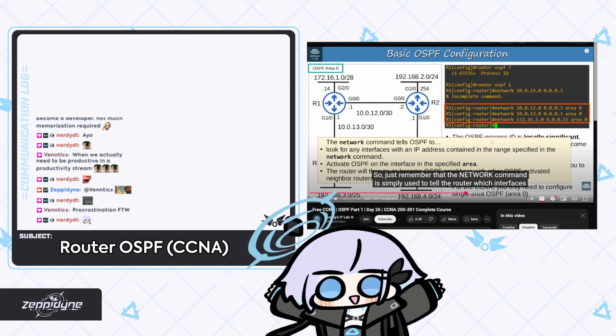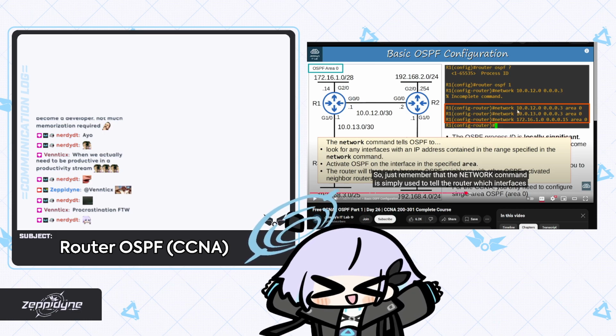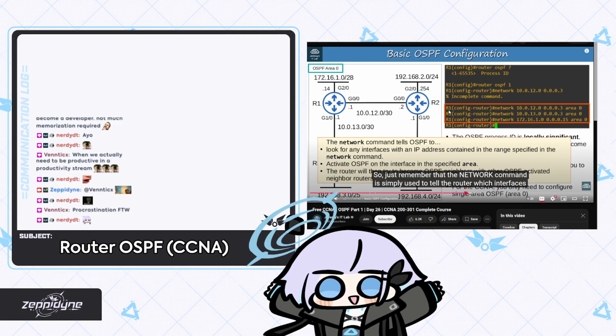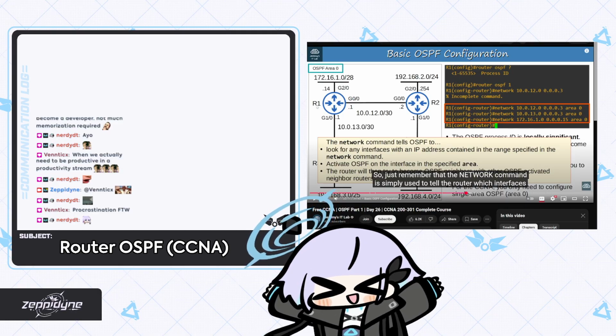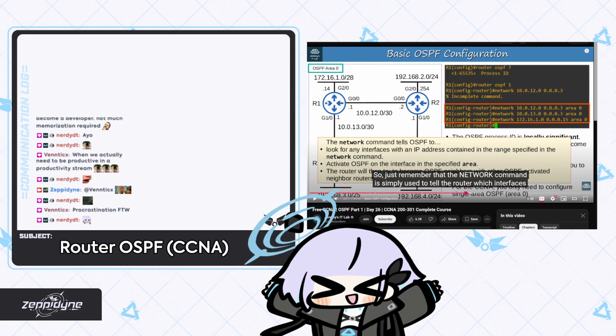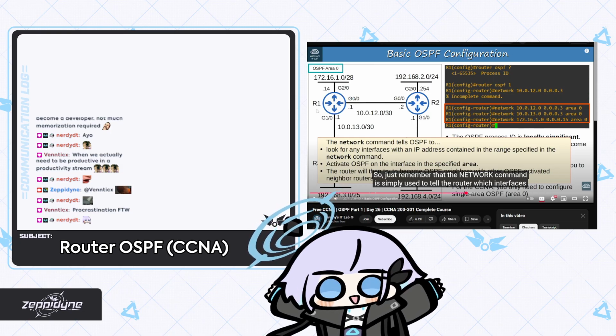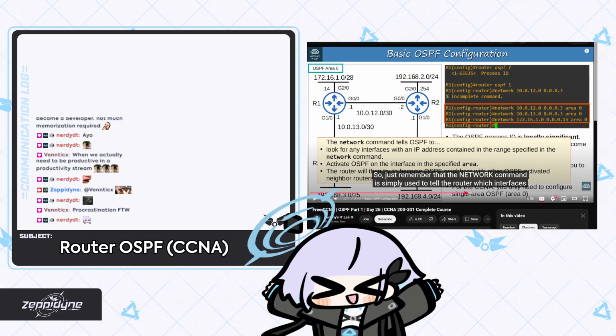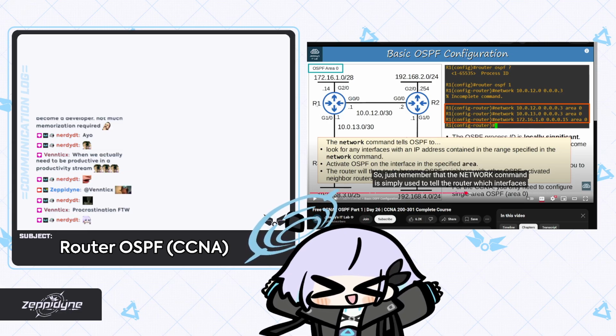Right. Where were we? So this line for R1, which is over here. Oh, I hope my pointer is visible when I point at things. So this is R1.